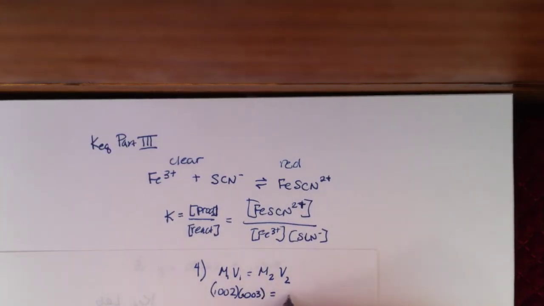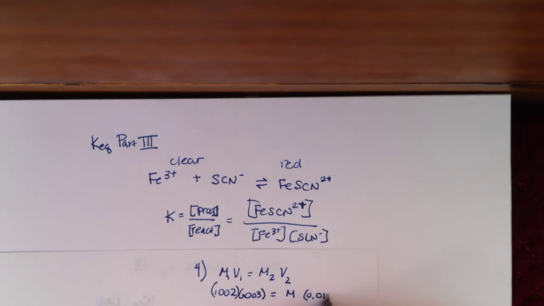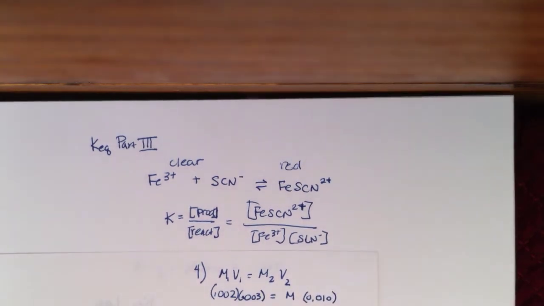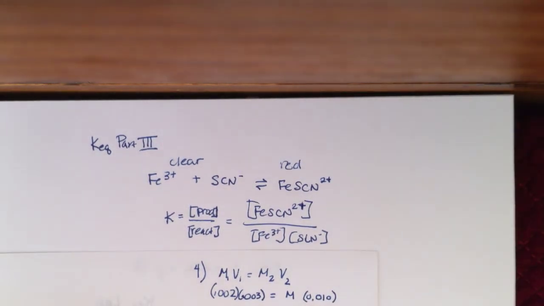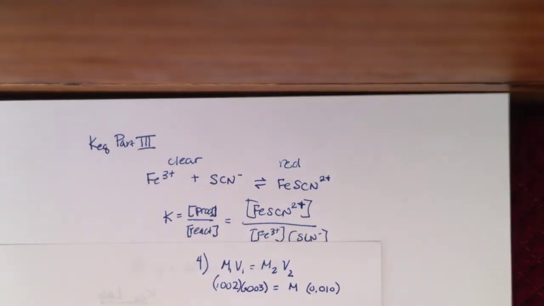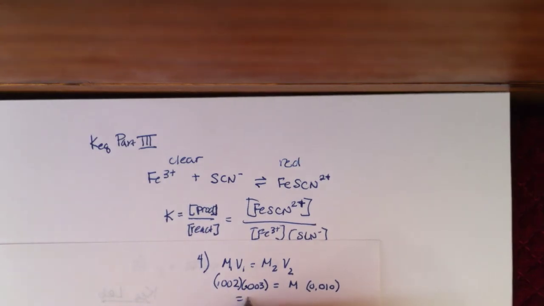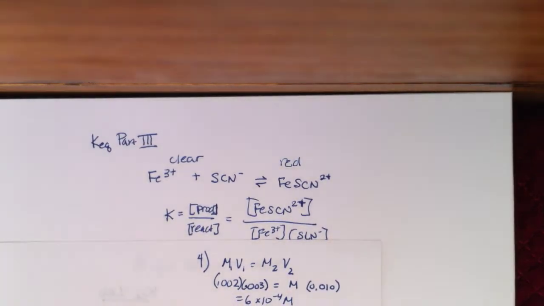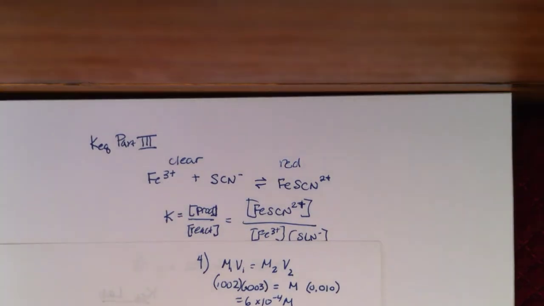And we diluted that to the new concentration, and we also diluted every test tube to 0.01 liters, or 10 milliliters. So we could determine that the initial concentration of iron was 6 times 10 to the negative 4th molar. And I'm not doing sig figs right now, so you guys can worry about that in the lab.